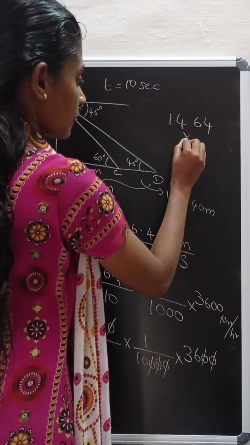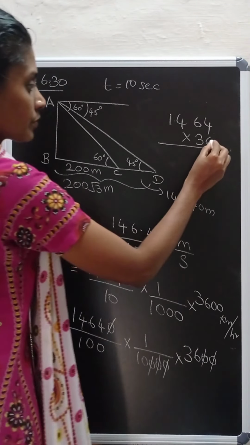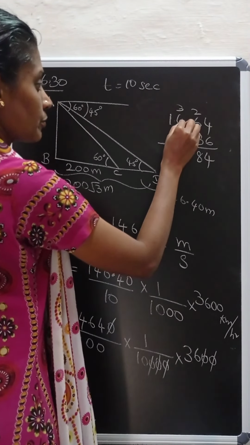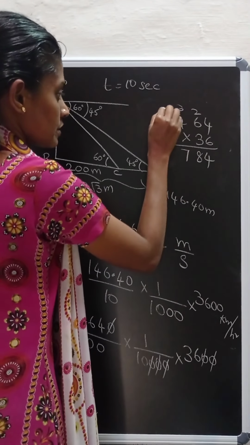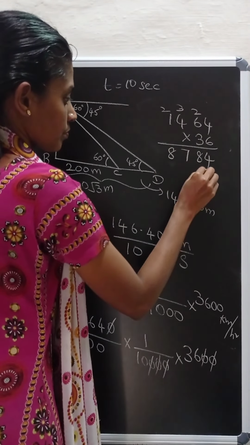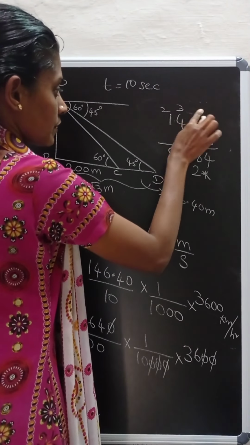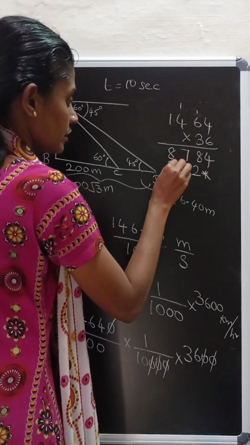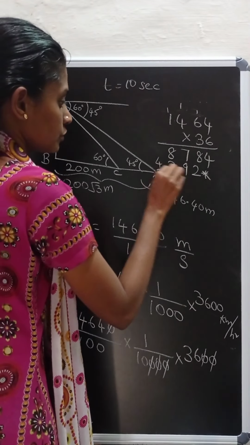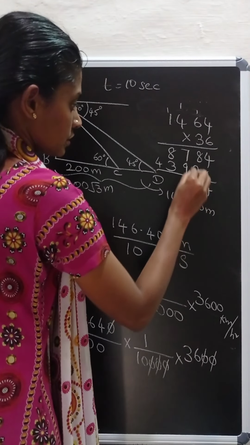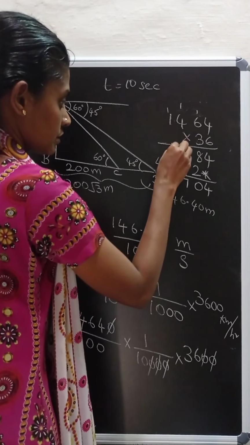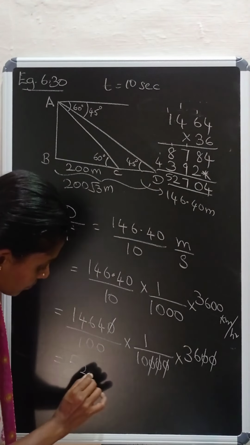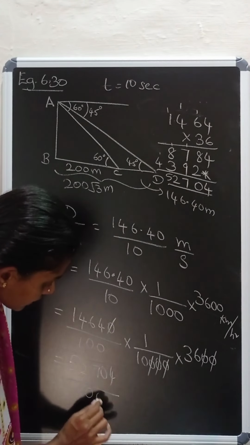464 into 36. 6 4s are 24. 6 6s are 36 and 2 is 38. 3 4s are 12. 3 6s are 18 and 1 is 19. So we get 52704 divided by 100.